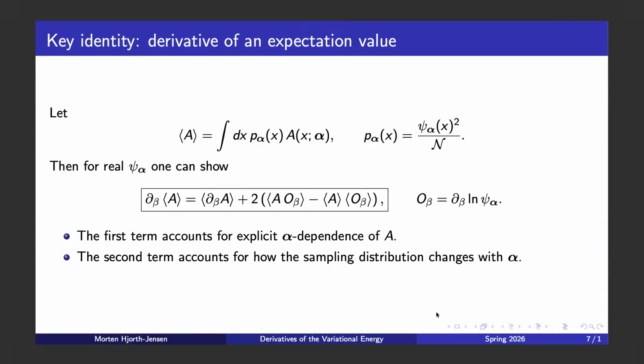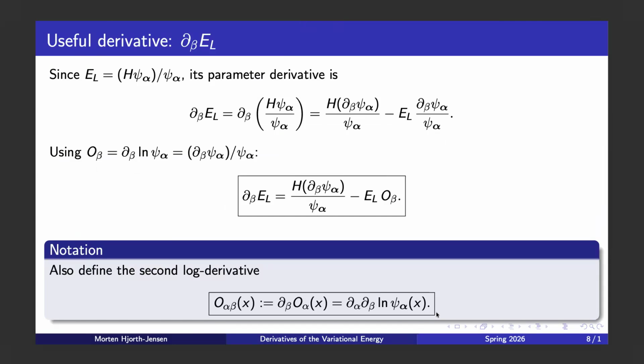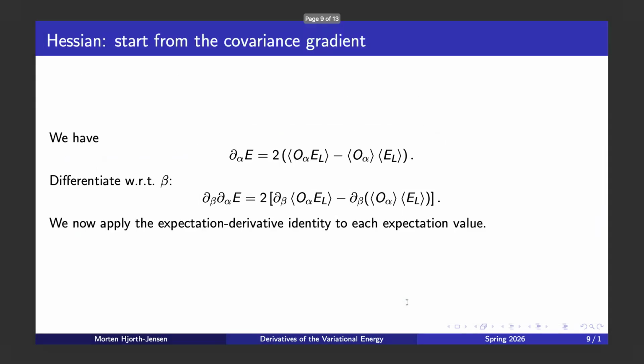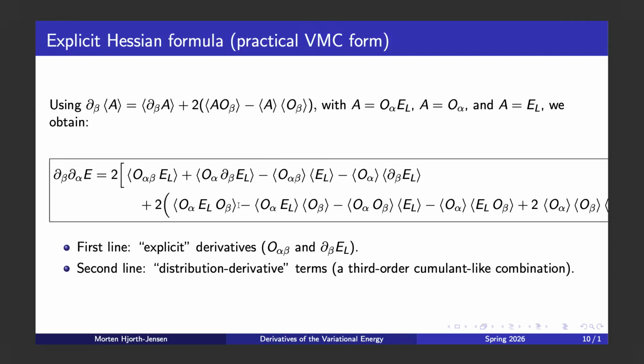But then, when we are dealing with these quantities, we would like to ask what is the second derivative. To do that, we would have to take this quantity here, which ends up with this expression here, where beta can be equal to alpha. So we need then also the derivative of the energy with respect to the two parameters. When you collect all these expressions, you would end up with a second derivative, which contains all these integrals to be evaluated.